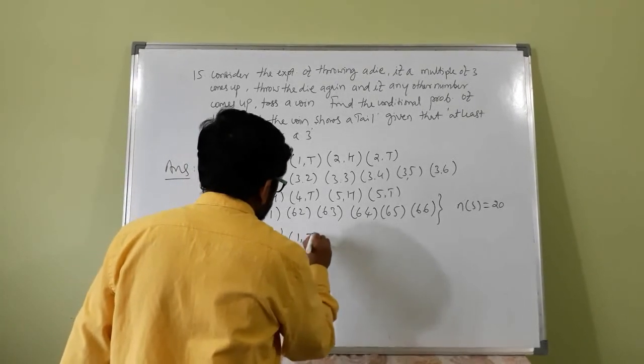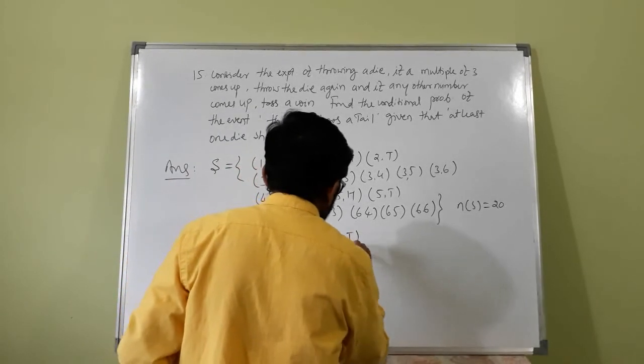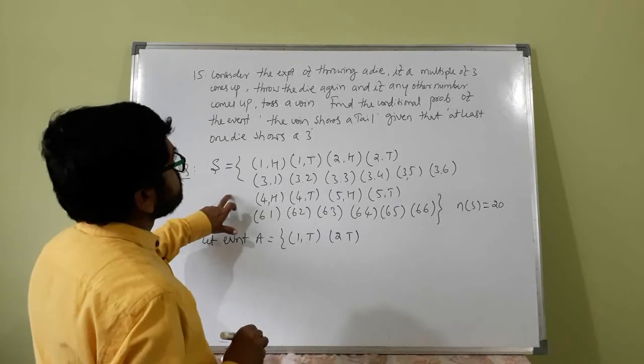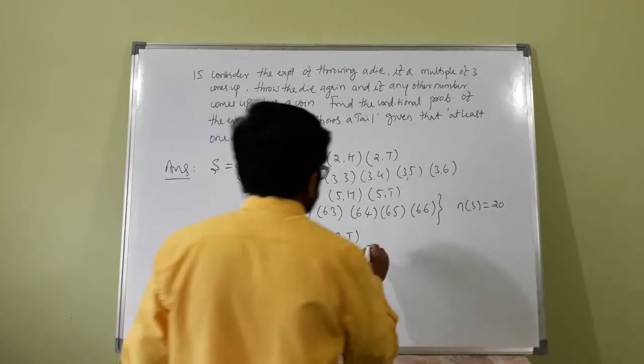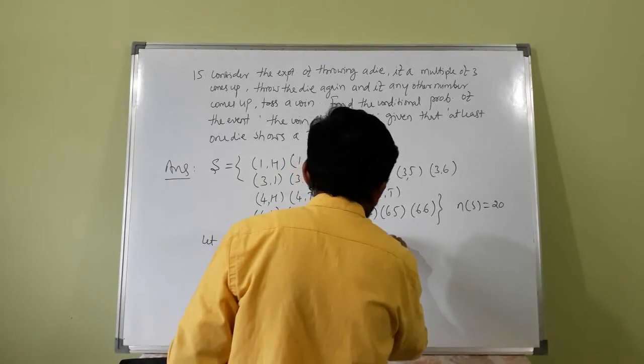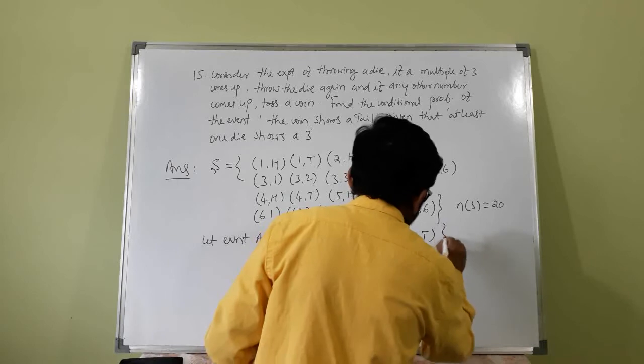Whenever you get tail, you have to list them out: 1T, 2T, 4T and 5T.